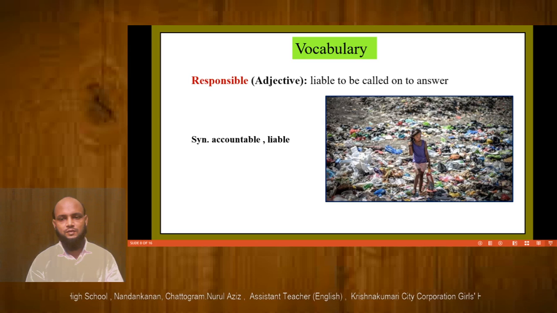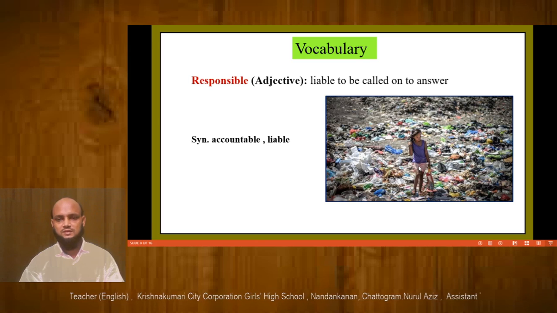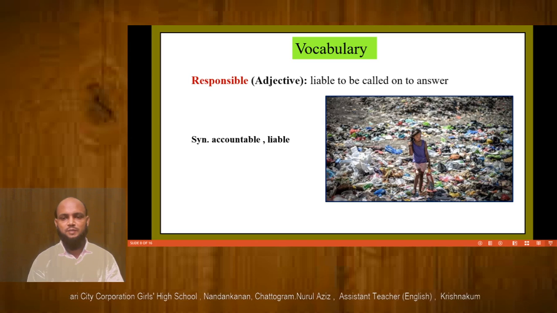Now you see another picture. A girl is walking through garbage, and this kind of polluted environment is not expected at all, and we human beings are doing this kind of thing. We have thrown this garbage ourselves, so we are responsible for making this environment polluted.